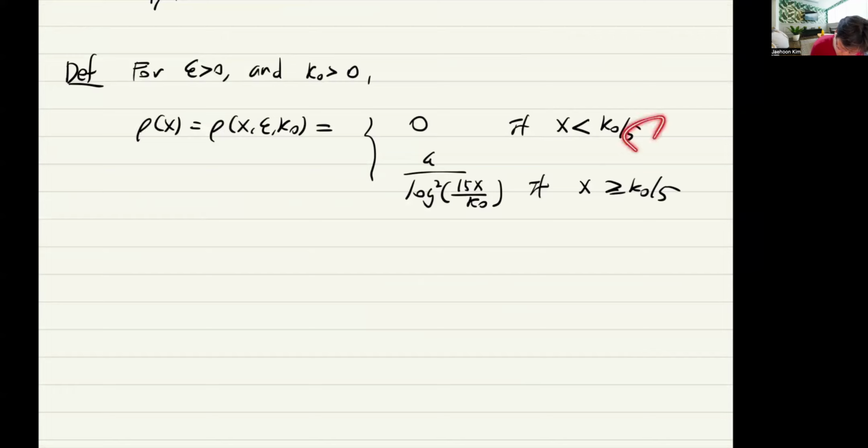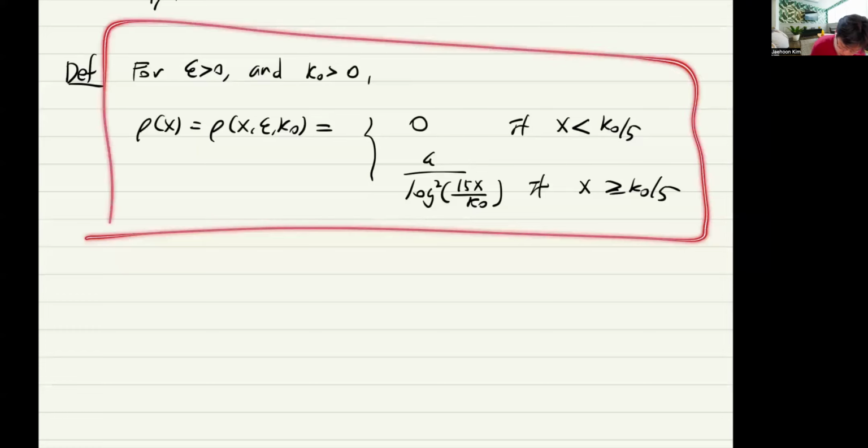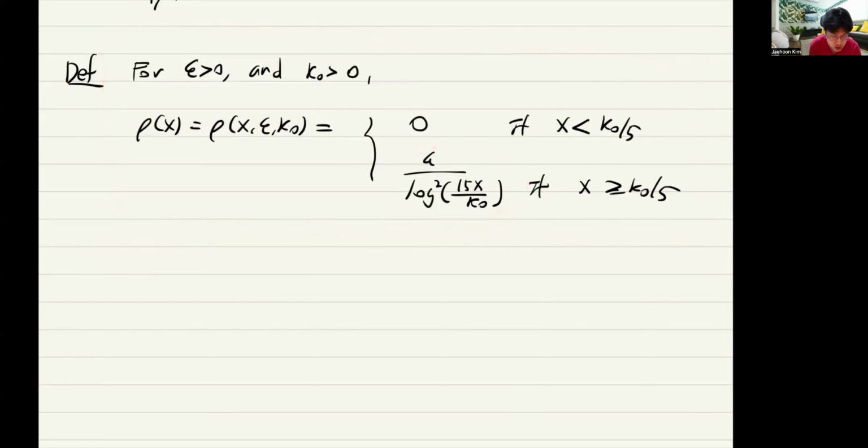So these choices of dividing by 5, multiplying by 15 are not too important. Those numbers are just for convenience, and this is how the Komlós–Szemerédi family originally wrote it. So we follow this.